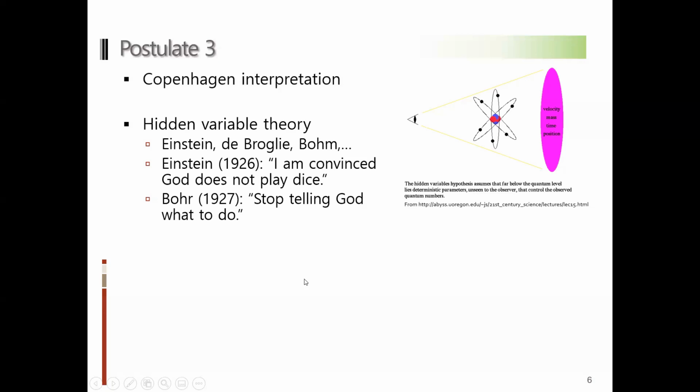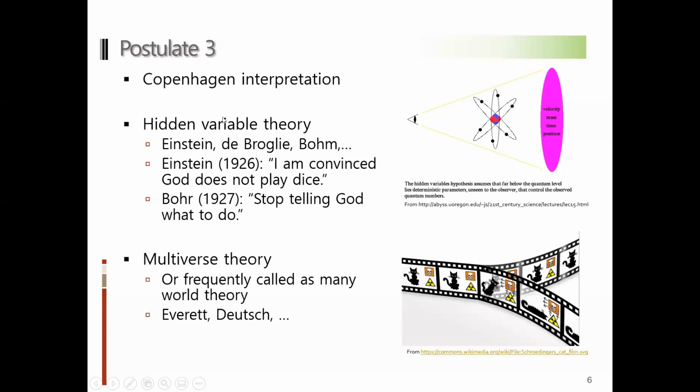Another way to explain the collapse of the quantum state is the multiverse theory. Whenever we make a measurement on the superposed state, what the multiverse theory, or many-world theory, says is that the world will split into two or multiple worlds.